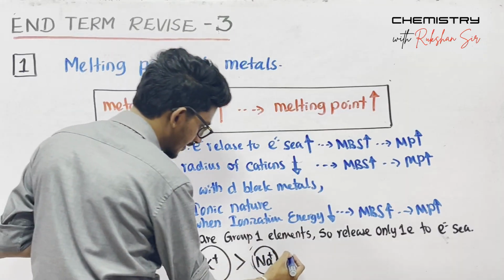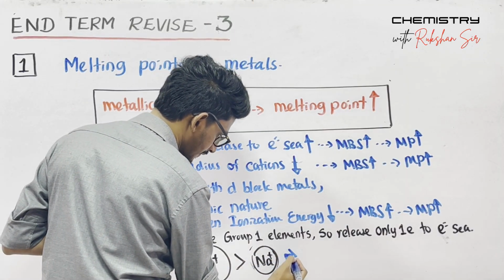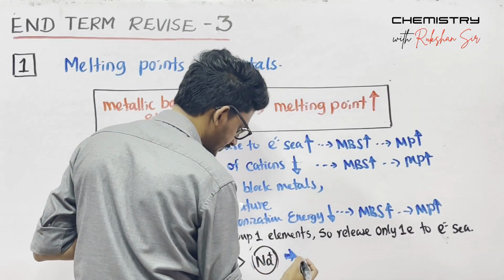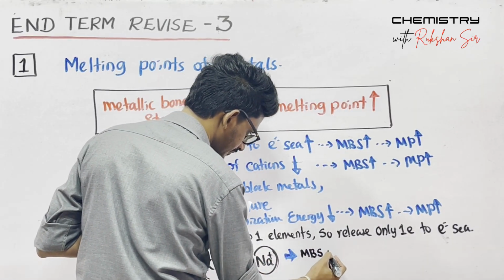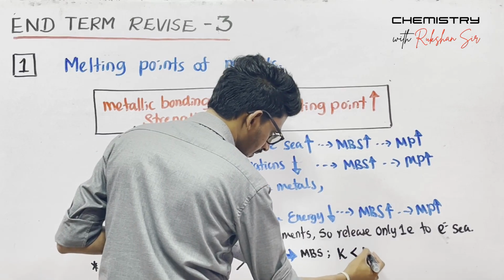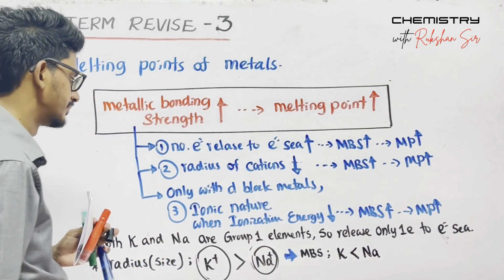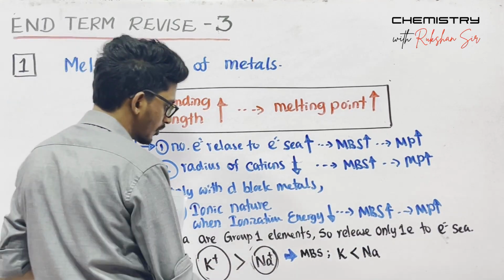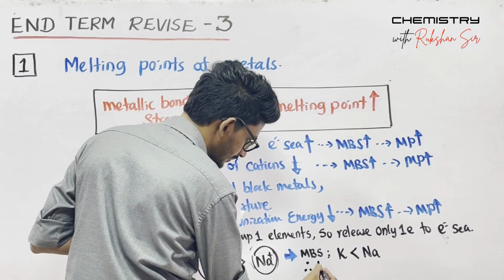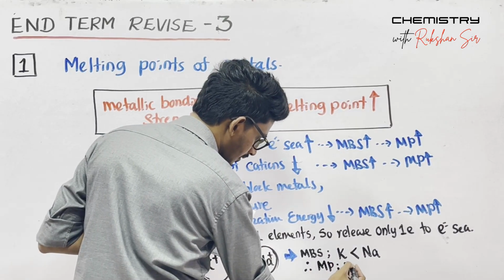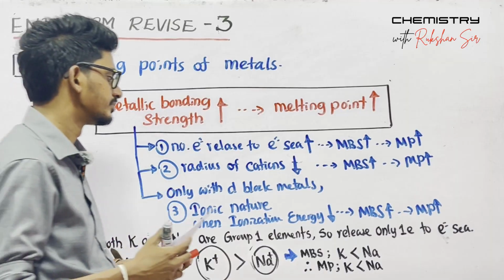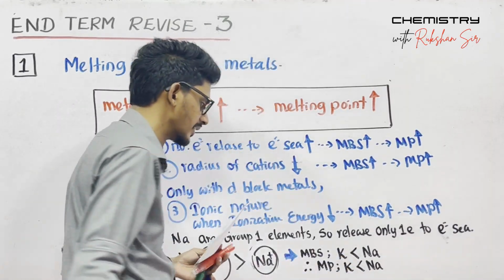Because of this effect, we can write the metallic bonding strength of sodium is higher than potassium, right, as the size is smaller. So your melting point of sodium is higher than that of potassium. Sodium has the greater melting point than the potassium.